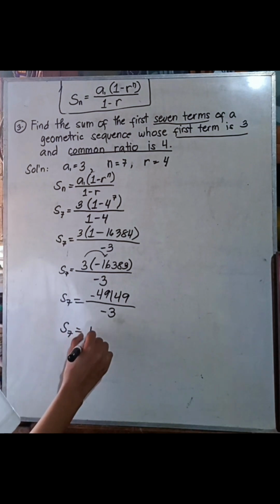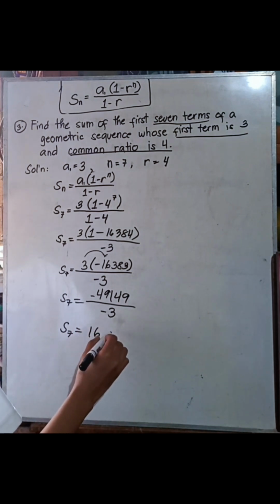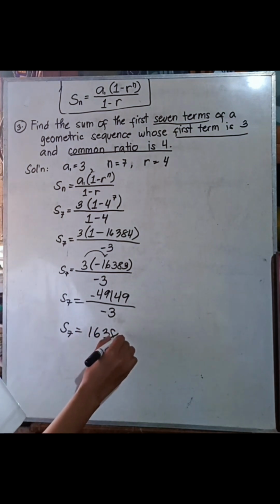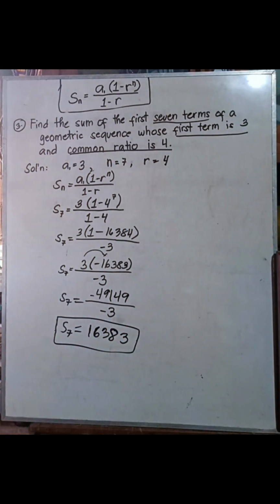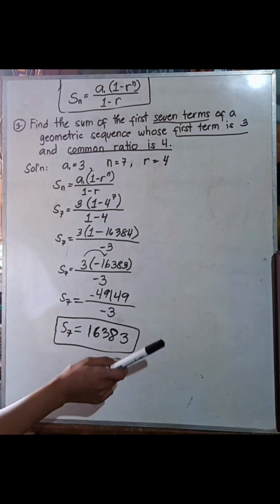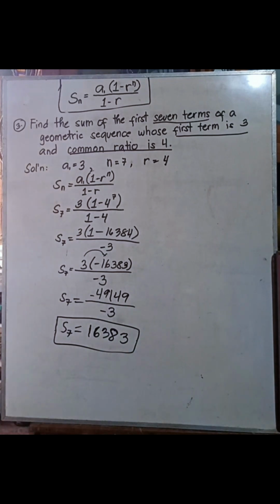Positive 16,383. So, therefore, our S sub 7 is equals to 16,383. So, if you are looking now at your module in activity 1, sa what's more in page 6.